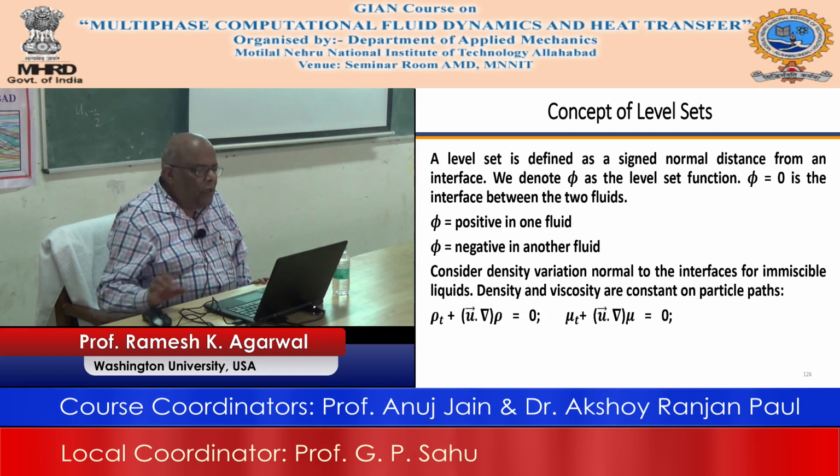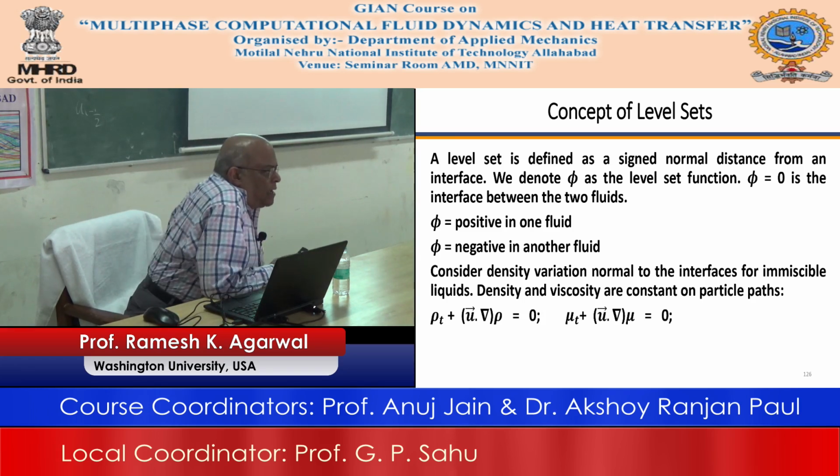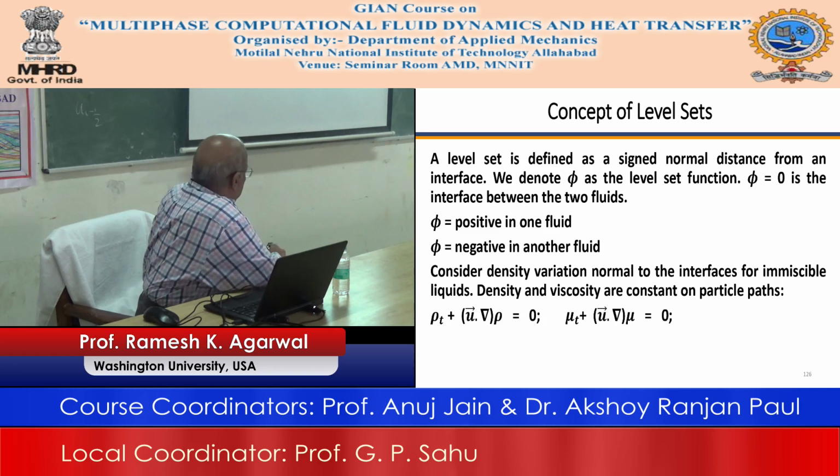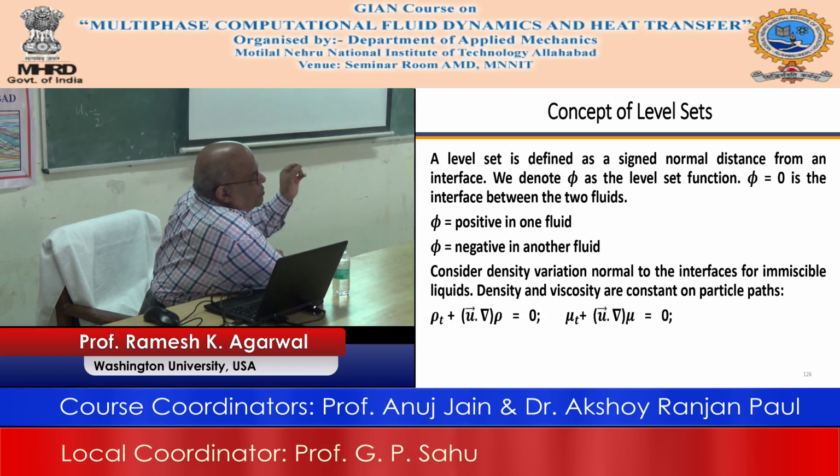There are two other equations that are interesting in this context and that improve this method, and they are similar equations. One of them is the variation of the density that can take place along the interface. When you cross the interface at a single point, of course density has to be different, because on one side there is air and on the other side water, let us say, or gas and liquid.